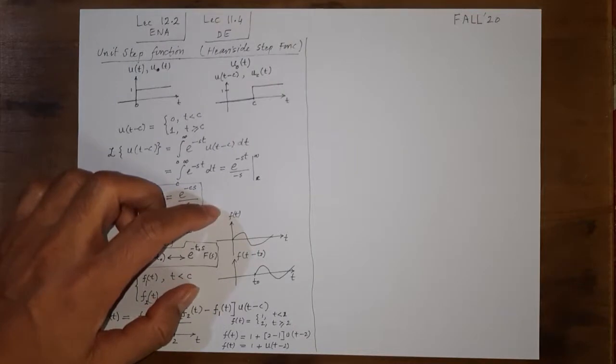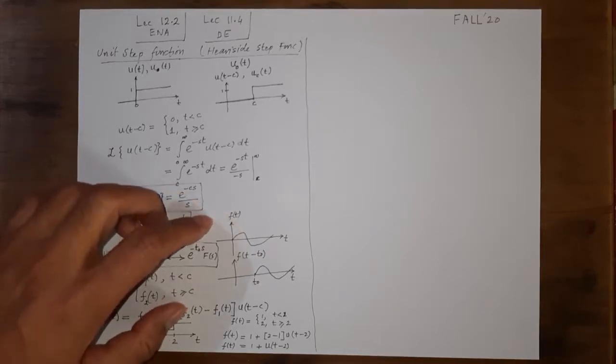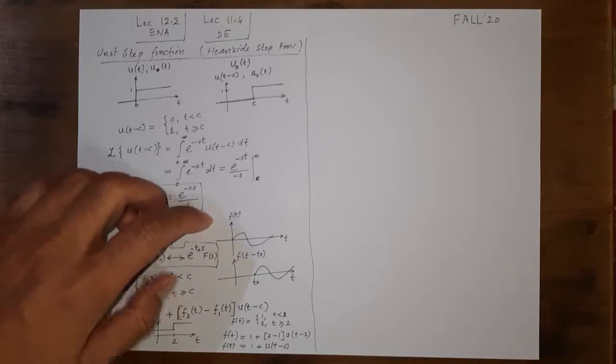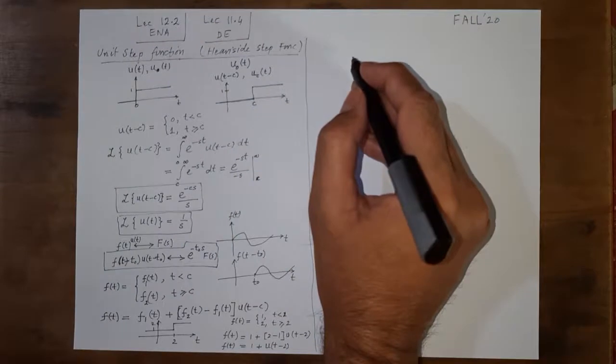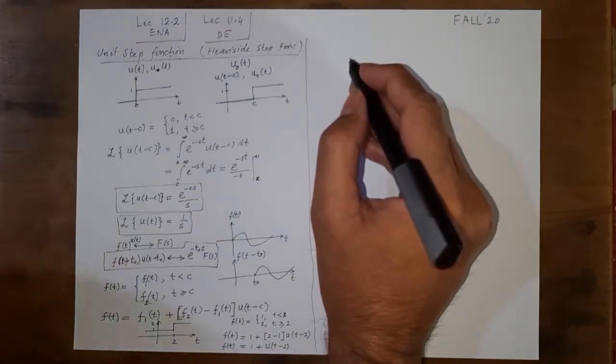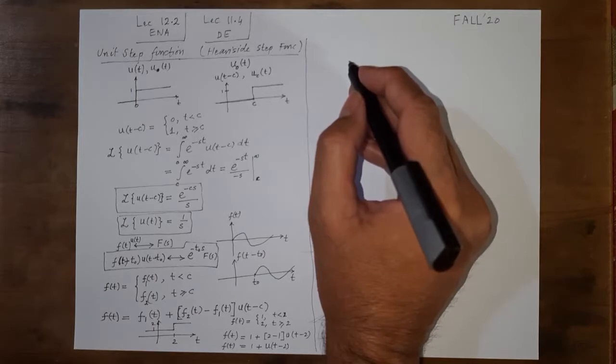We are now going to introduce another very important function that is used a lot in engineering, and it is one of the very interesting functions, although it's a mathematical concept. Let me see if I have covered it already in my notes.